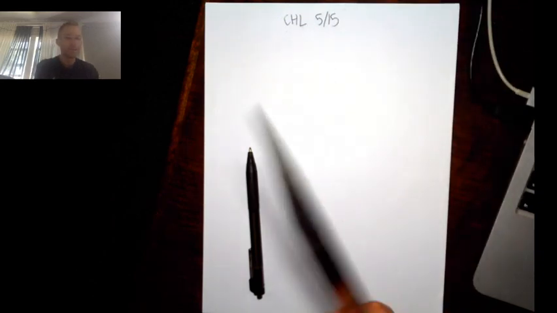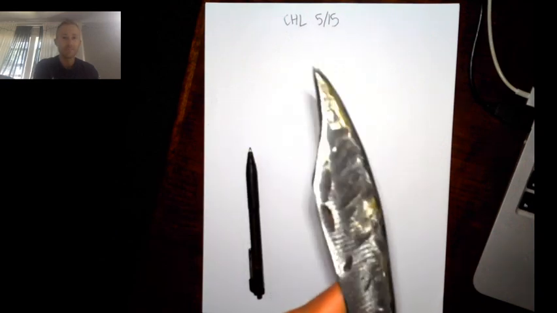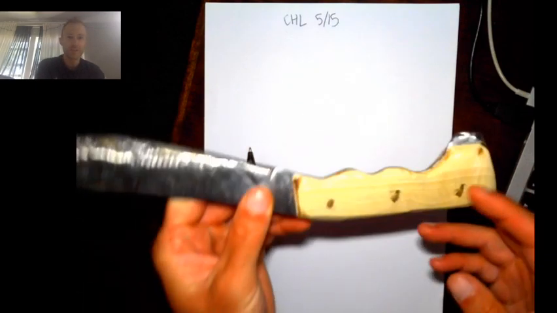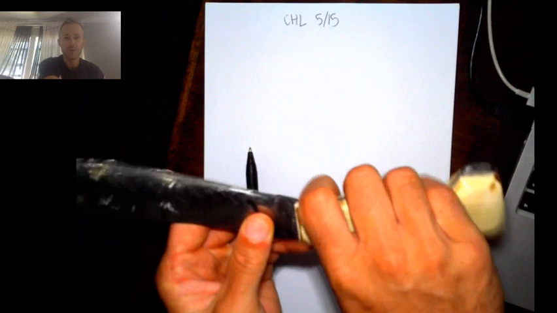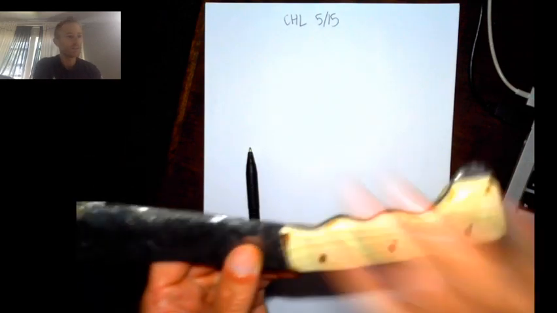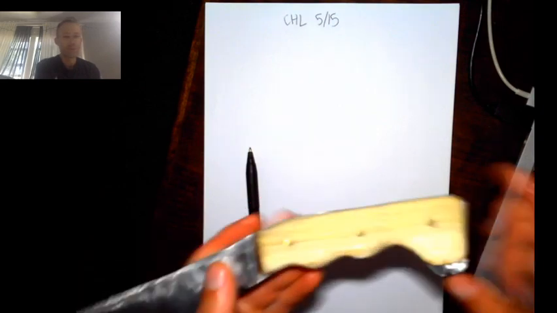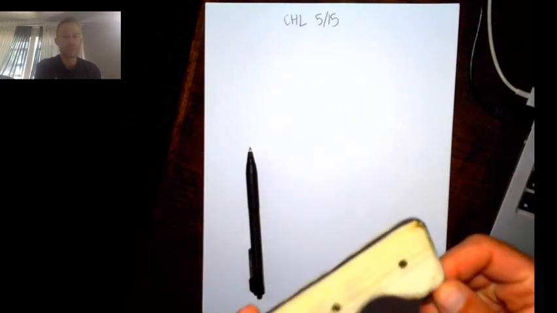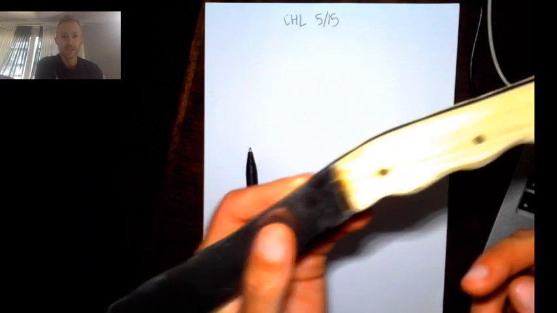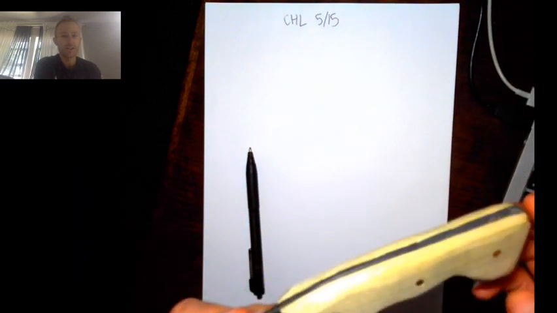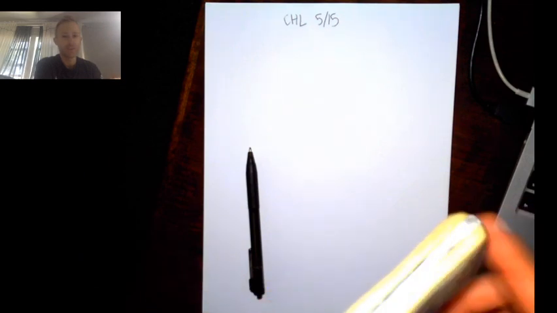And then I spent a lot of time filing it to make sure, like, I filed these finger holds. And then I drilled holes. This part of the knife that the handle attaches to is called the tang. So I drilled holes in the tang, and I got these little pieces of wood, and I cut those to shape.